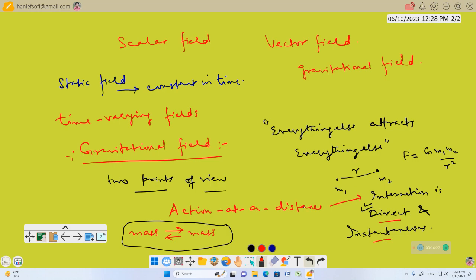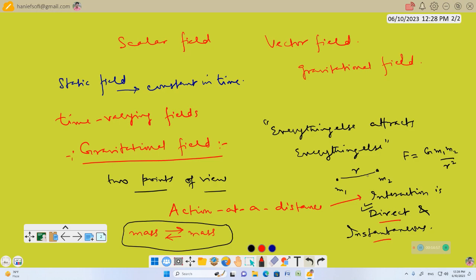Now, in this action at a distance idea, we say the moment I move m1, m2 senses its movement at that particular instant. How does it sense? It senses in terms of the change in the force between m1 and m2. So in this action at a distance idea, we say interaction is instantaneous. That means irrespective of the distance between m1 and m2, when you move m1, m2 senses its movement instantaneously.